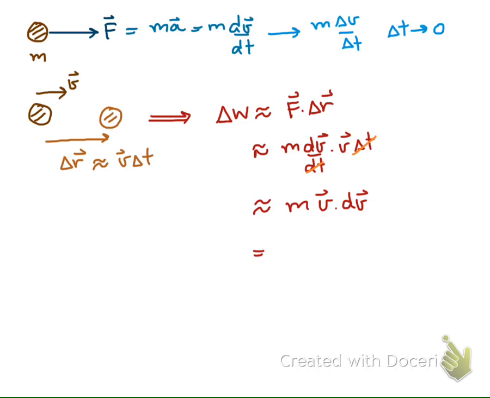which equals m times vx times dvx plus vy times dvy plus vz times dvz.